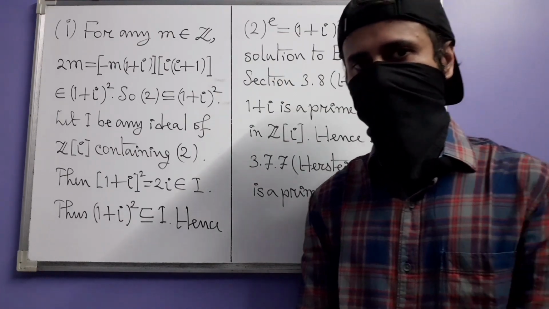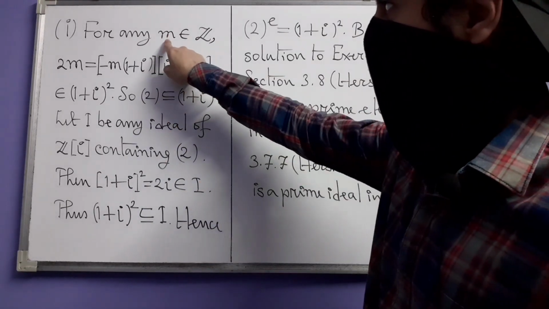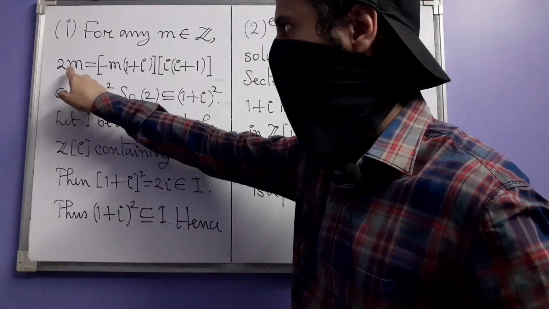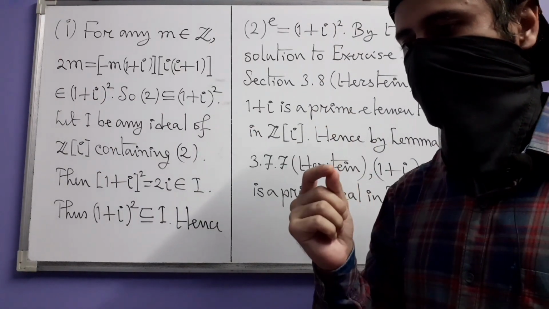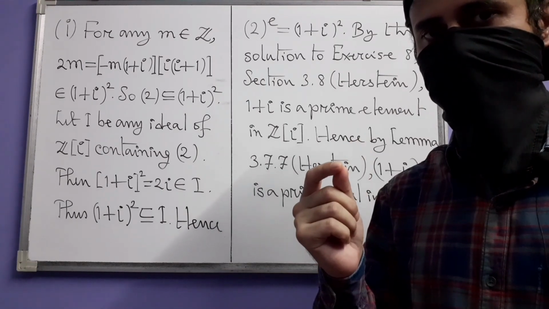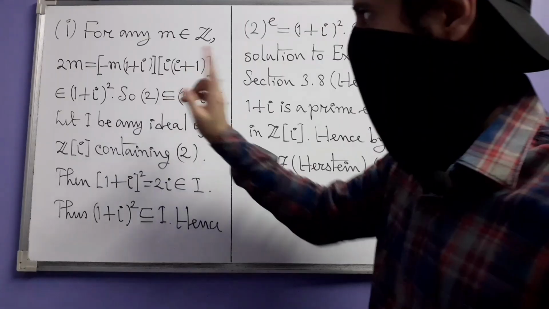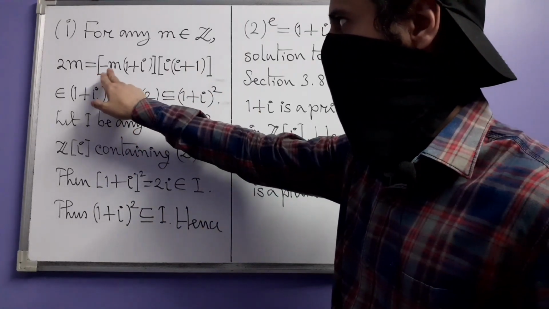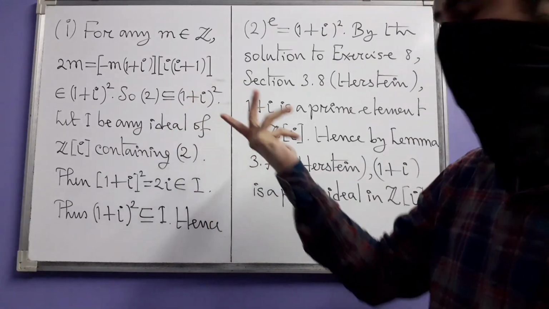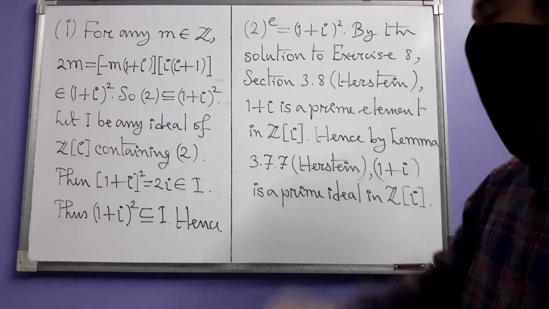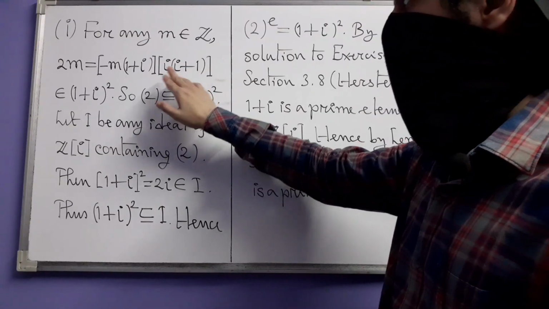Let us first justify statement 1 like this. You take any integer m and consider its double 2m. Then this 2m is any element in the principal ideal generated by 2 in the ring of integers. Now you can express 2m like this: minus m times (1 plus i) times i, times (i plus 1). So what can you say about this product?